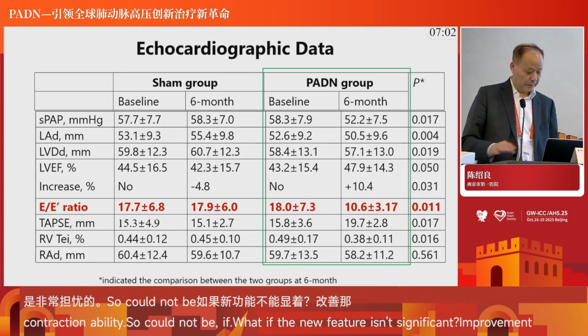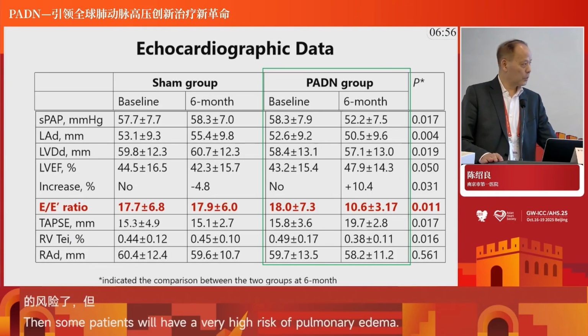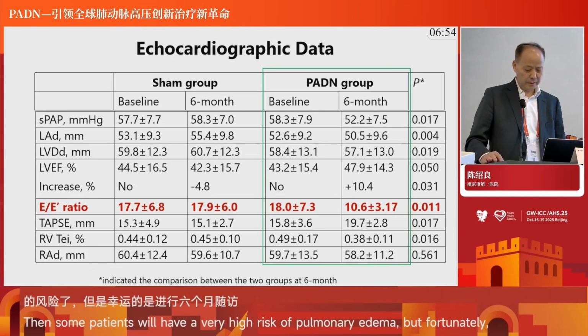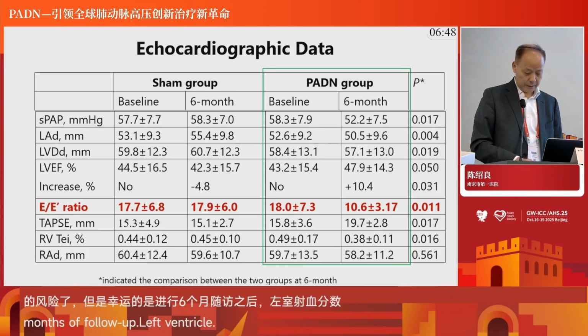Luckily, in the PADN group, by 6 months follow-up, left ventricular ejection fraction increased from 43% to almost 48%, with a significant p-value of 0.031.